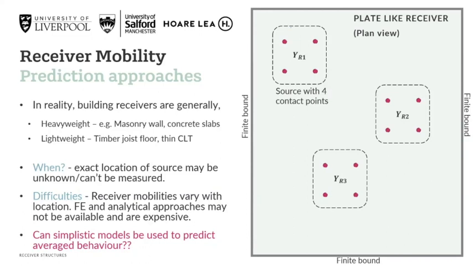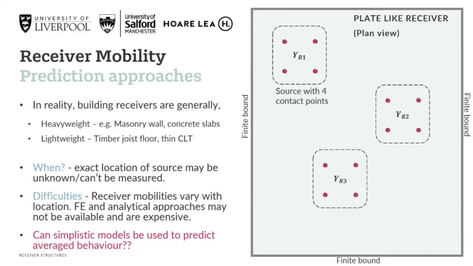Now, the difficulty generally with the prediction approach is that you may not exactly know where your plant or your source is going to go, because you are maybe in the early stages of your design. And if you want to do a full-scale prediction approach using finite element and all that, it might get expensive.